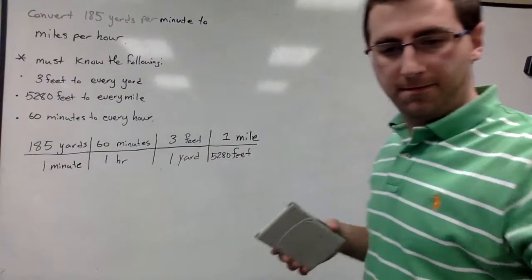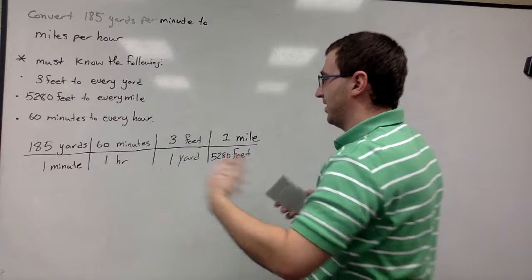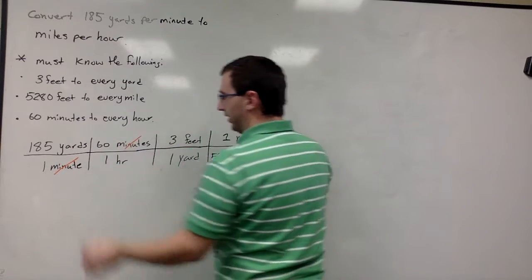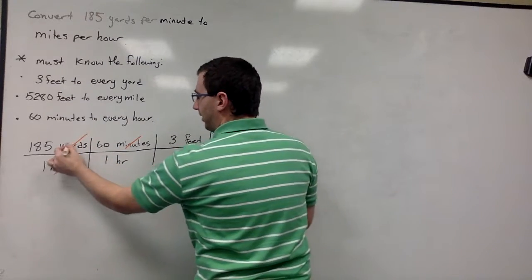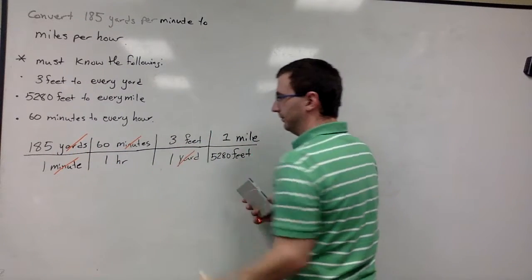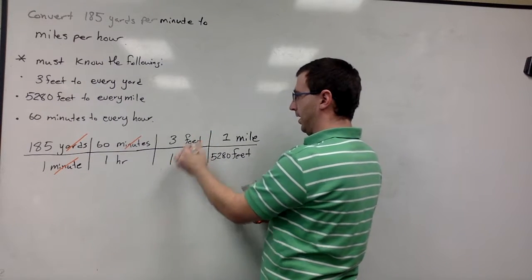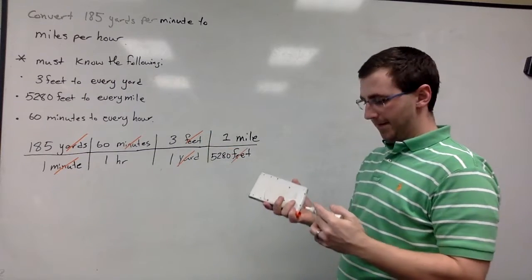All right, so let's start canceling out some units. Let's start slash and splatter. Well, this minute cancels out with this minute right here. Okay, just the units cancel out. This yard cancels out with this yard right here. They divide out. This feet cancels out with this feet on the bottom. Okay?